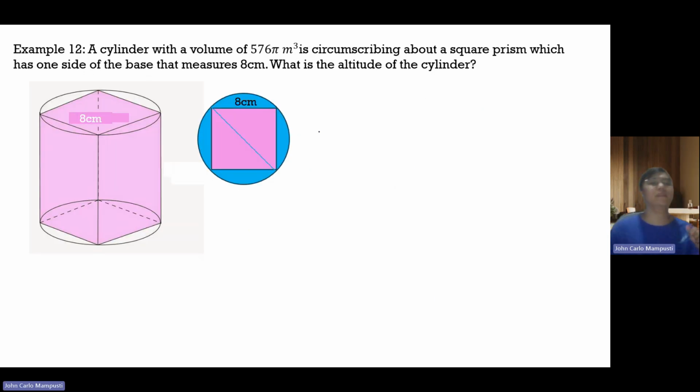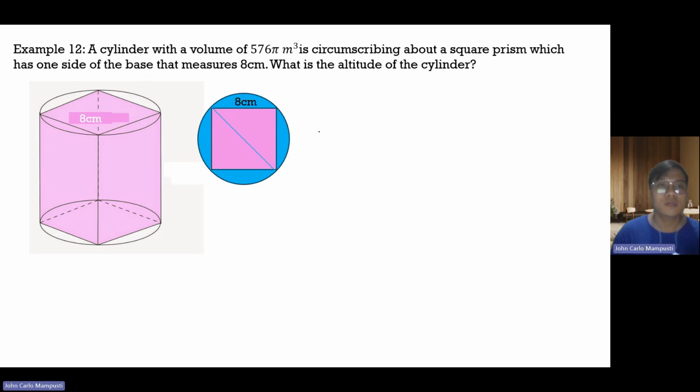Okay? Next one. A cylinder with a volume of 576 pi cubic meter is circumscribing about a square prism, which has one side of the base that measures 8 centimeter. So what is the altitude of the cylinder?